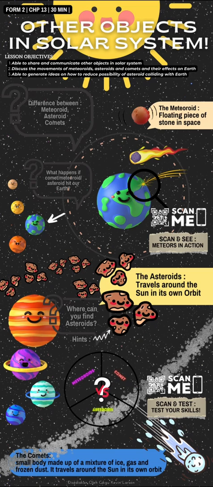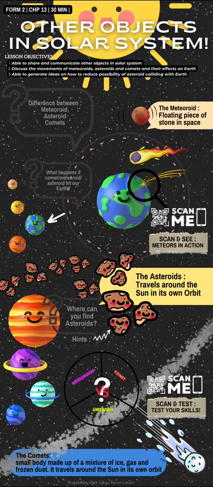Second question is, what happens if a comet or meteoroid or asteroid hits our Earth? Can you find out what happened? Guess the three possible things to happen when either the meteoroid, the asteroid, or the comets hit the Earth.